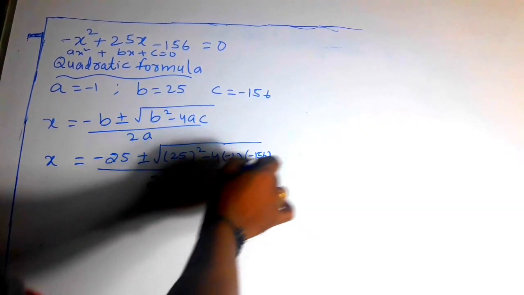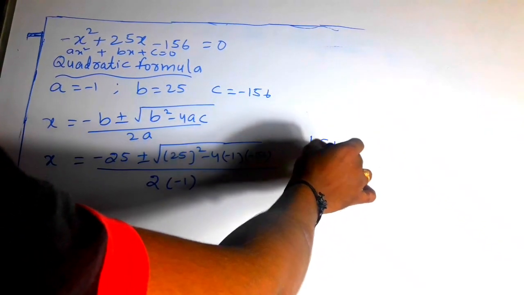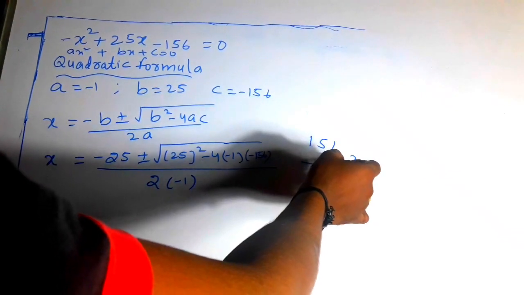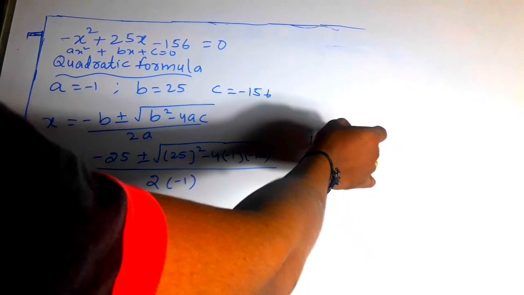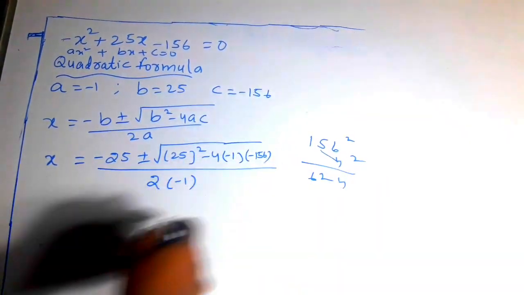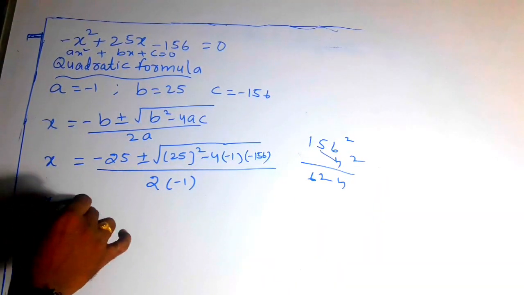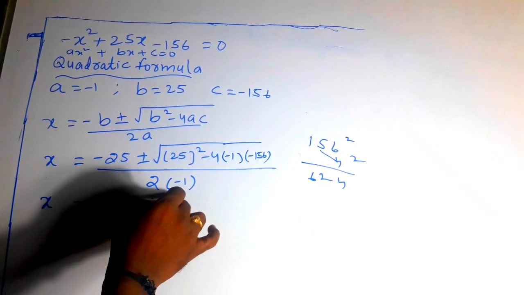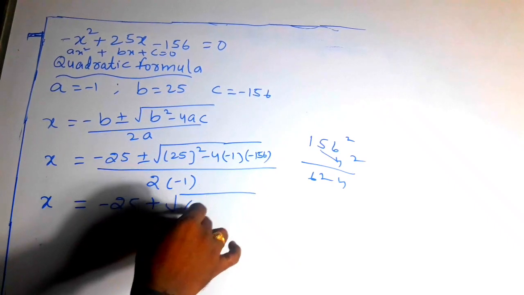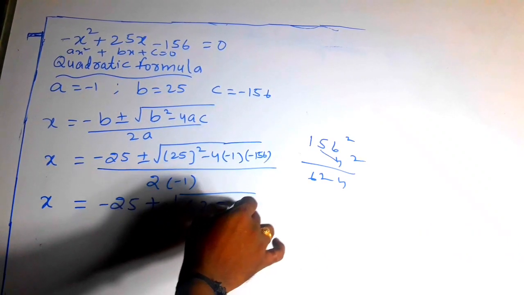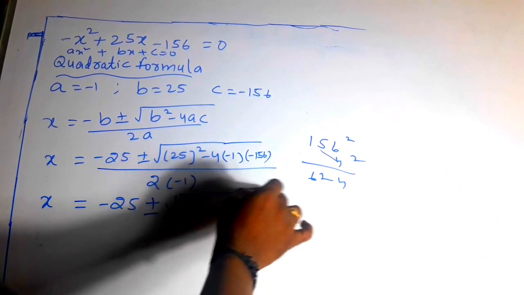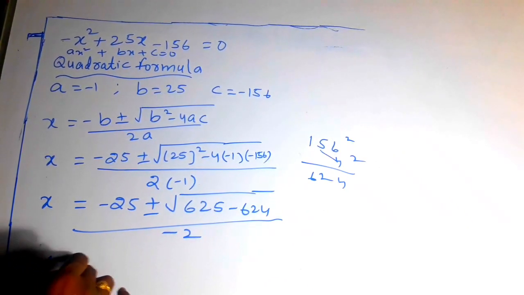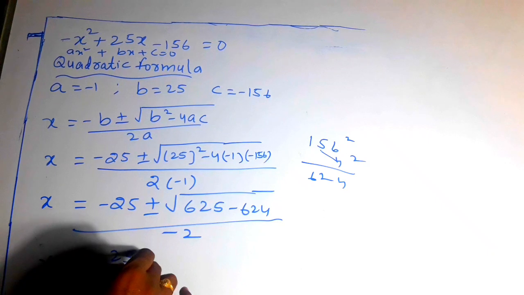So just to see here, multiply 156 into 4. 4 6s are 24. 4 5s are 20 plus 2 is 22. 4 1s are 4 plus 2, 6. So 624. Plus or minus, 25 square is nothing but 625 minus 624 by minus 2.